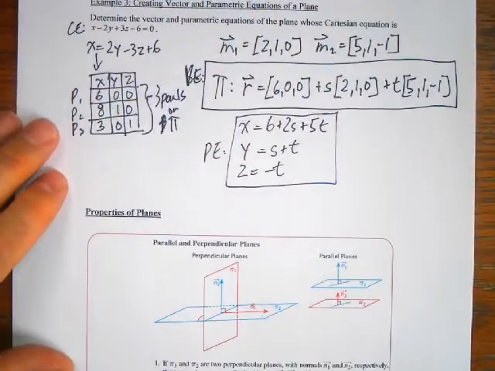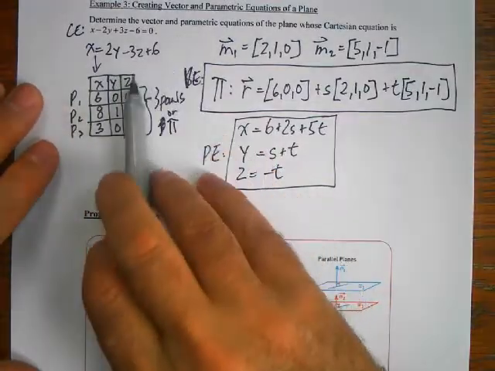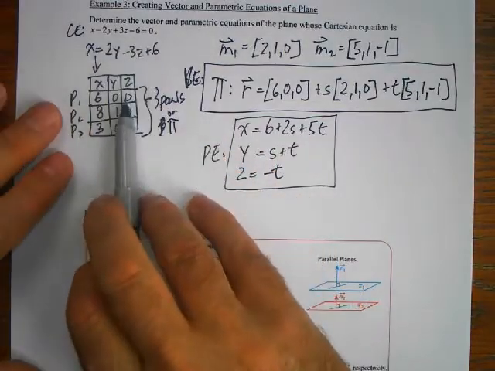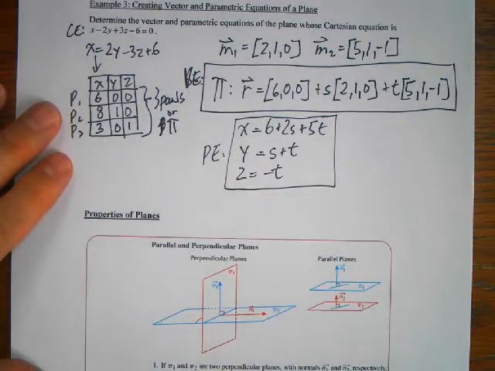So really it comes down to getting 3 points on the plane using the Cartesian equation, and then from the 3 points creating 2 direction vectors, and then you're good from there.